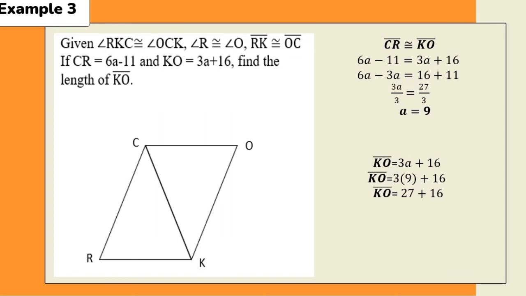Since 9 is the value of A, we have 3 times 9 plus 16, which is 27 plus 16. Now, we have already the value of segment KO, which is 43.